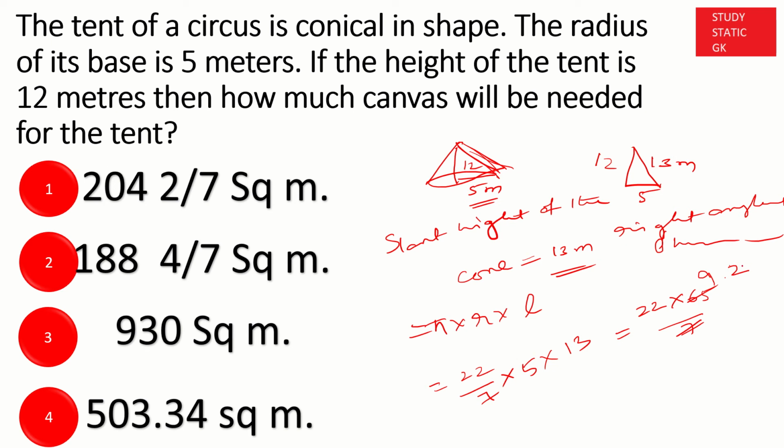So again some one will remain. Okay, leave it. So 22 2s are 44. And here 22 9s are 198. 198 plus 4.